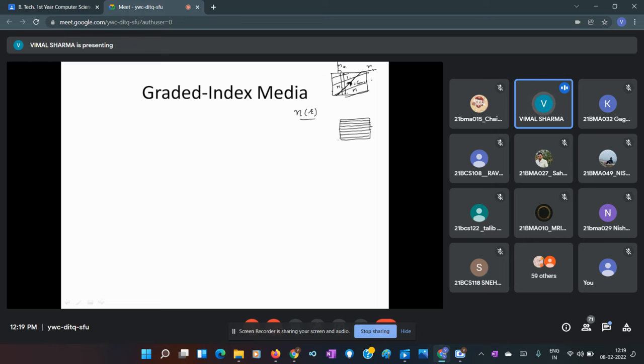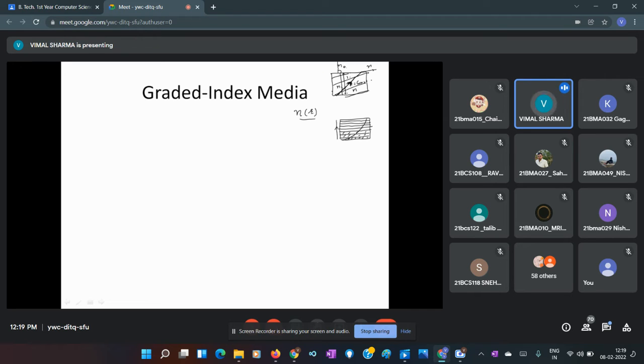That means the refractive index varies with this r, this distance here. At the base, the refractive index is maximum, then it decreases layer by layer, and a light ray which travels through such a graded index medium will not travel a straight line path, but a curved path like this.